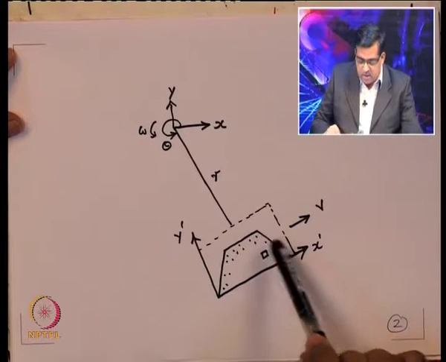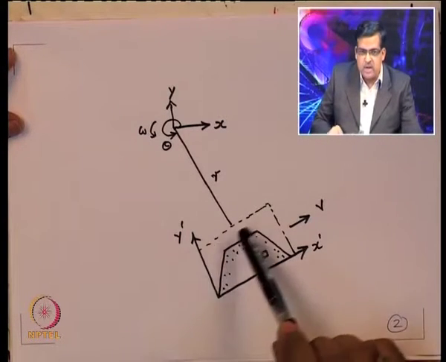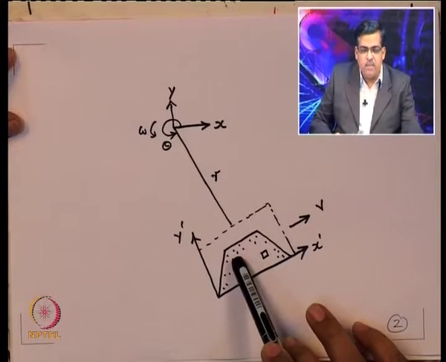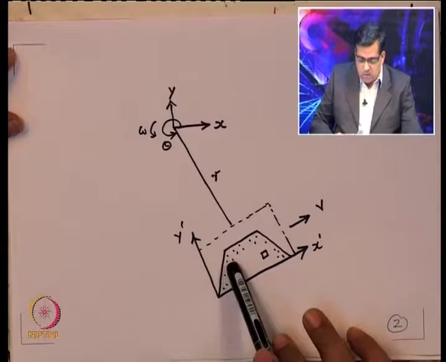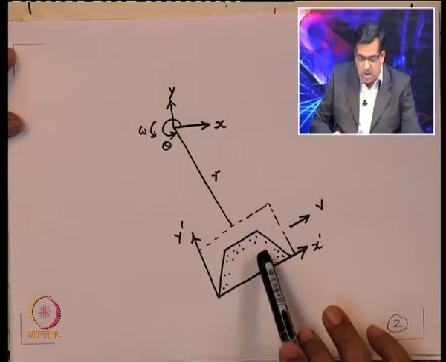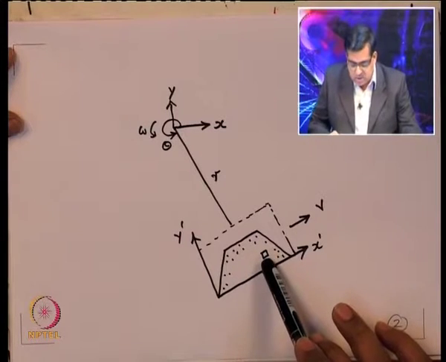This is an embankment having a physical length from this axis, and constructed with a material having density rho. What we need to see is what will happen to the acceleration components when this is subjected to the perturbation.